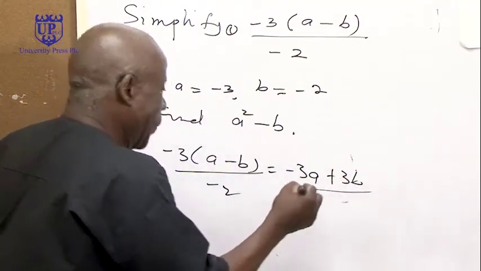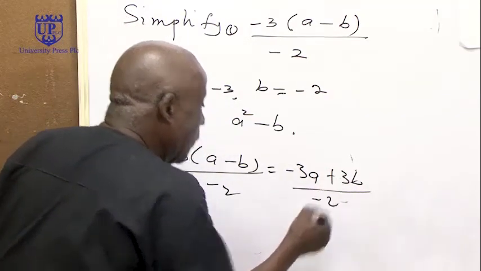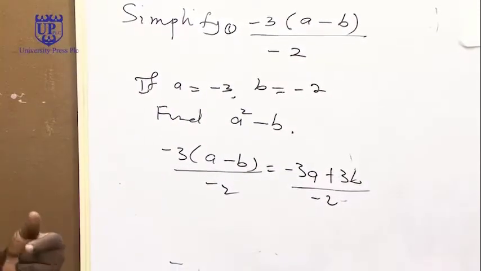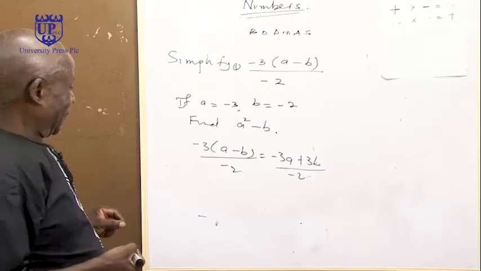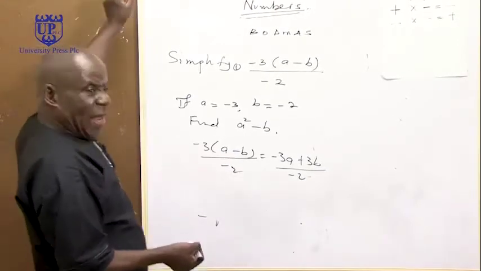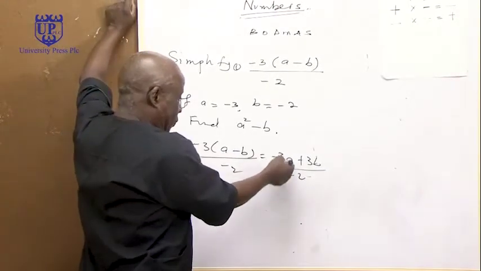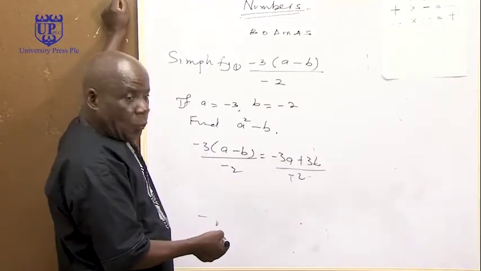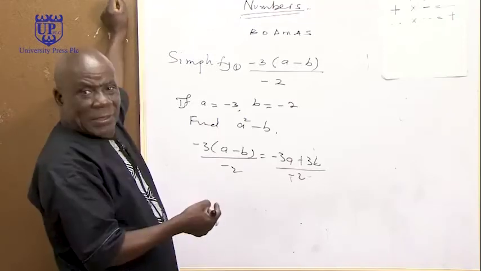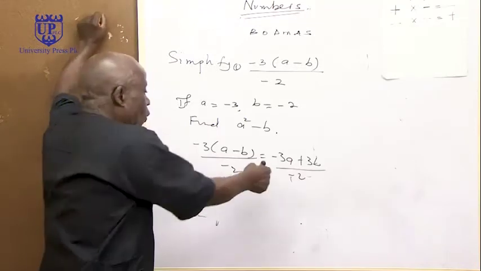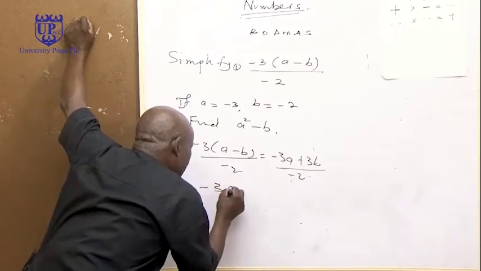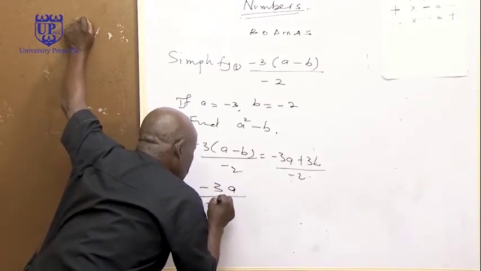Everything all over minus 2. When I saw the answers, it's very funny. Students say this one cancels this. It is not possible. They want you to separate them. So this is minus 3A over minus 2.